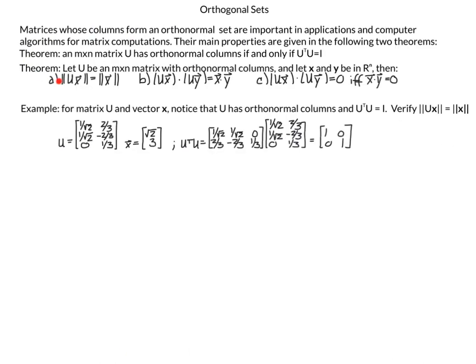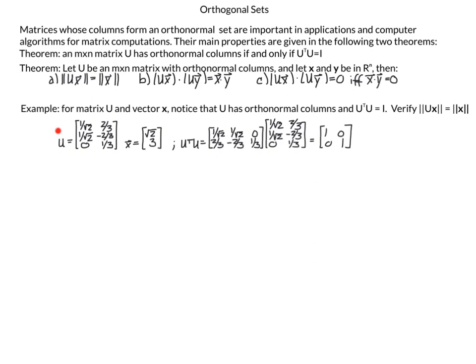I moved our two theorems over here so we could do our first example for matrix U given here and vector x given here. Notice that U has orthonormal columns and U transpose U equals I. So you're sort of given this fact. Verify the length of Ux is equal to the length of x.